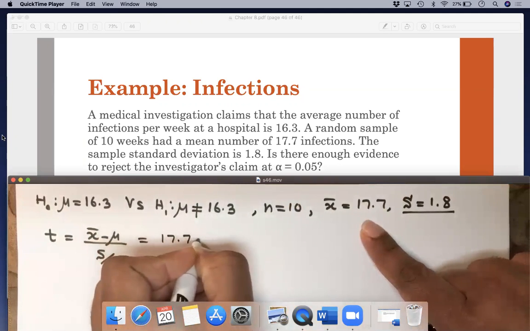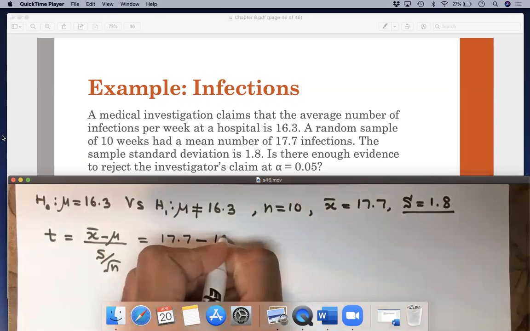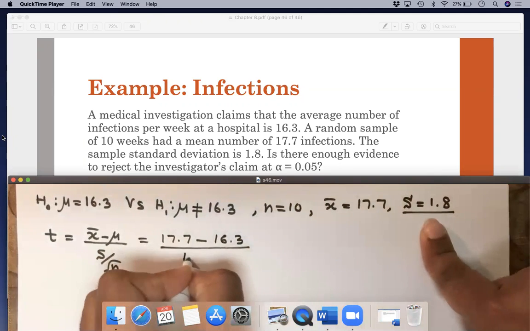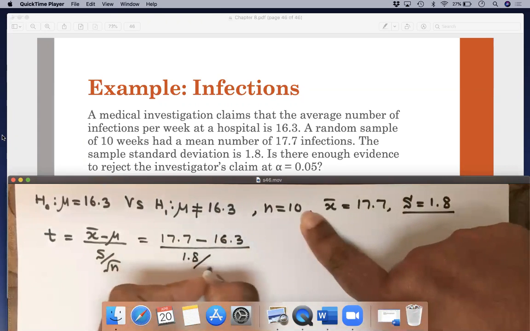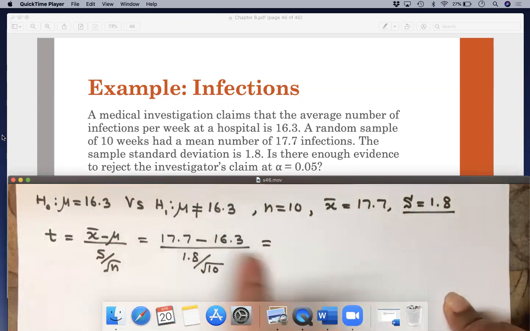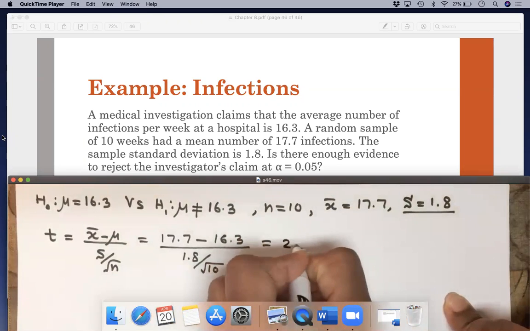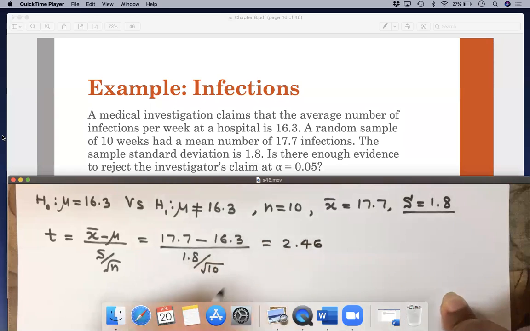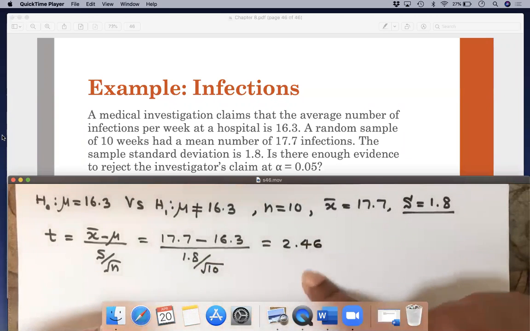It's 17.7 minus, what is mu? 16.3. What is s? 1.8. What is n? 10. Take the square root. So what is the t value, the test statistic? It's 2.46. Okay, now we have the test statistic.